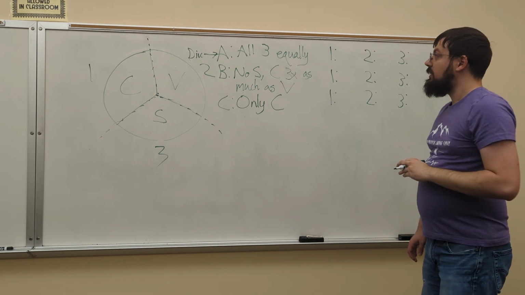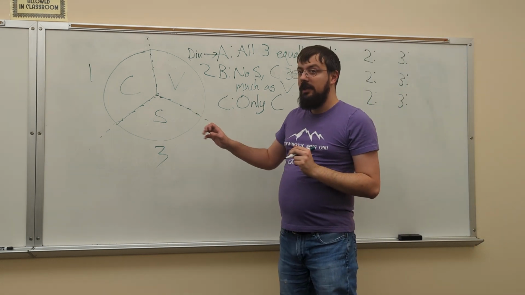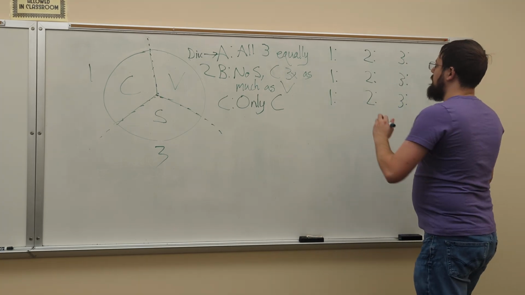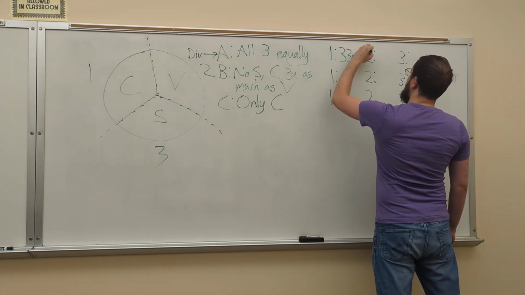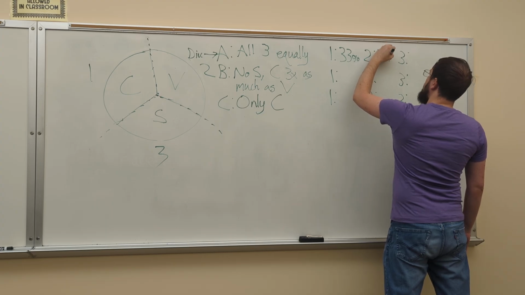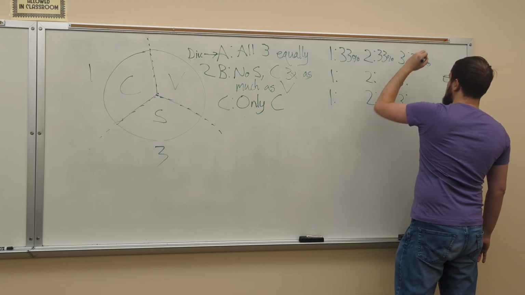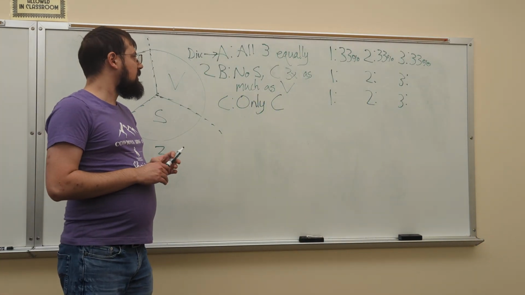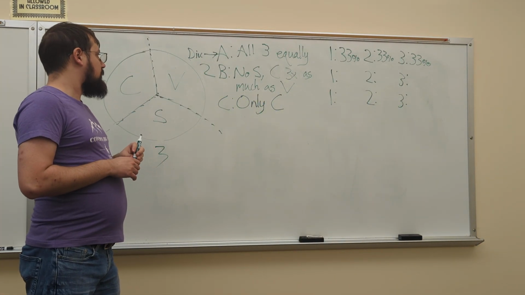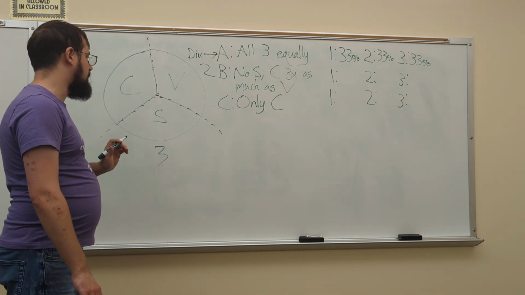For starters, player A values all 3 flavors equally, so for player A, all 3 of these shares are worth 33%, or 1/3 of the cake. Now we get to player B. Player B does not like strawberry, but likes chocolate 3 times as much as vanilla.